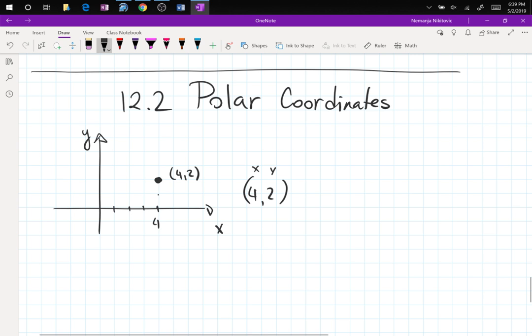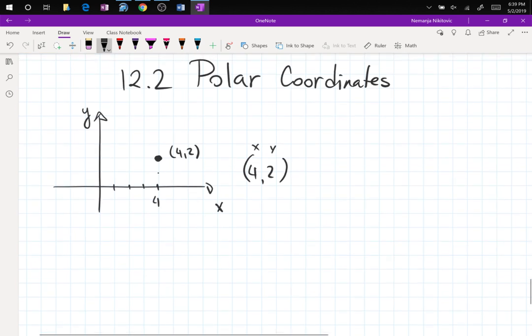But now we are going to twist this a little bit. We are not going to reach a point 4, 2 this way anymore. We need a different system. This system is known as Cartesian coordinates or rectangular, the one you know. What I want to do is go with the polar coordinate system.